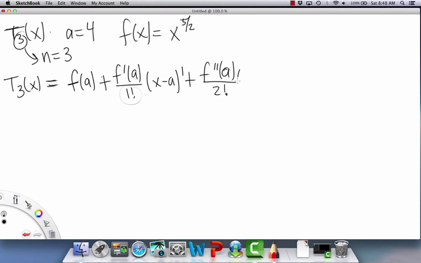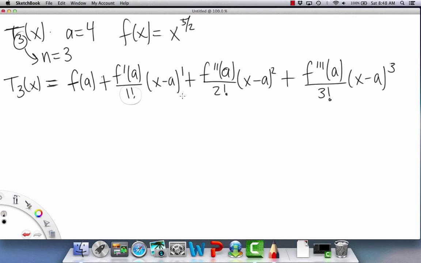That's just going to be 2. X minus a to the second. And we have to go one more, right, for our n to be 3. So f triple prime of a over 3 factorial times x minus a to the third. And now we're done, because according to the formula, our n equals 3 here, and we can stop, okay?